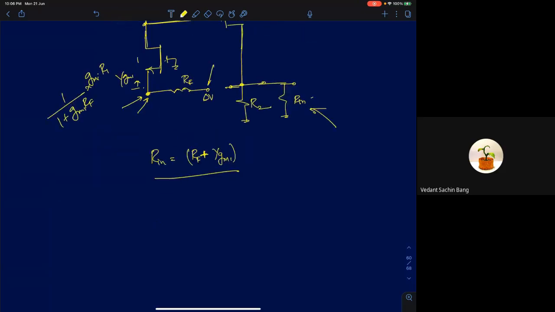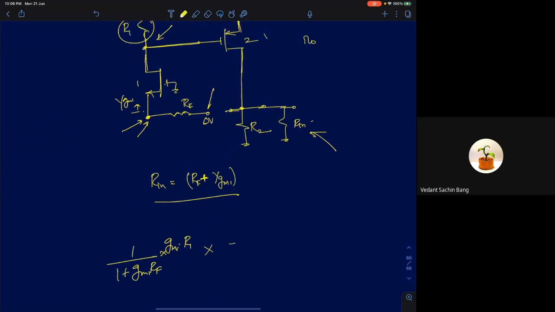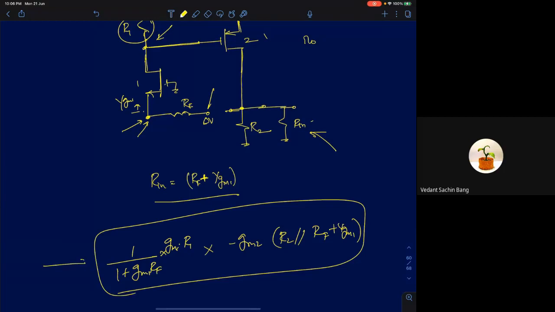So this whole term here, multiplied by the gain of the second stage, which will be minus of GM2 into R2 parallel RF plus 1 by GM. So this is going to be your expression for the loop gain of this amplifier.